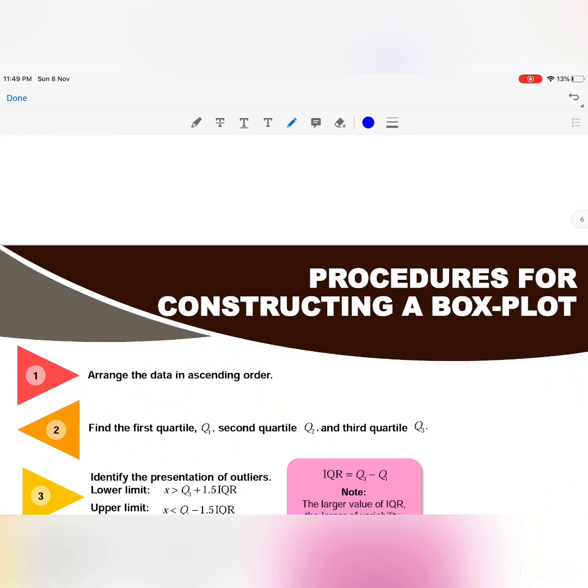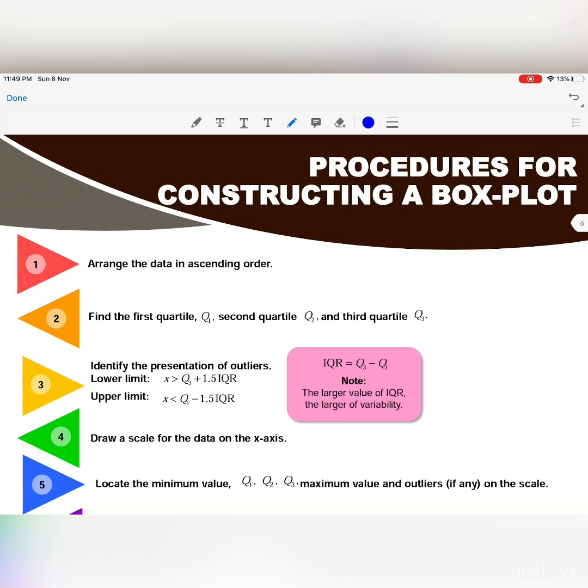So how to draw a box plot? These are the procedures for constructing a box plot. First, you must arrange the data in ascending order, because later you need to find Q1, Q2 and Q3.